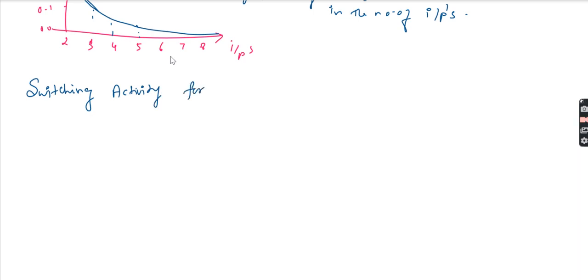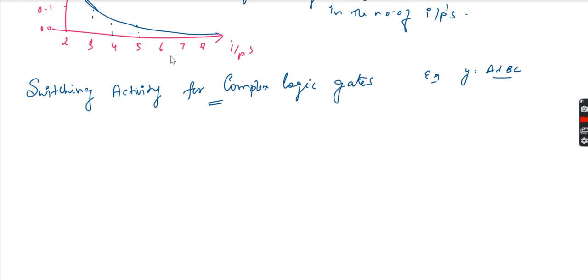Switching activity for complex logic gates. Complex logic gates, in the sense, you know the example: Y is equal to A plus BC. So like this is an example of complex logic gates.